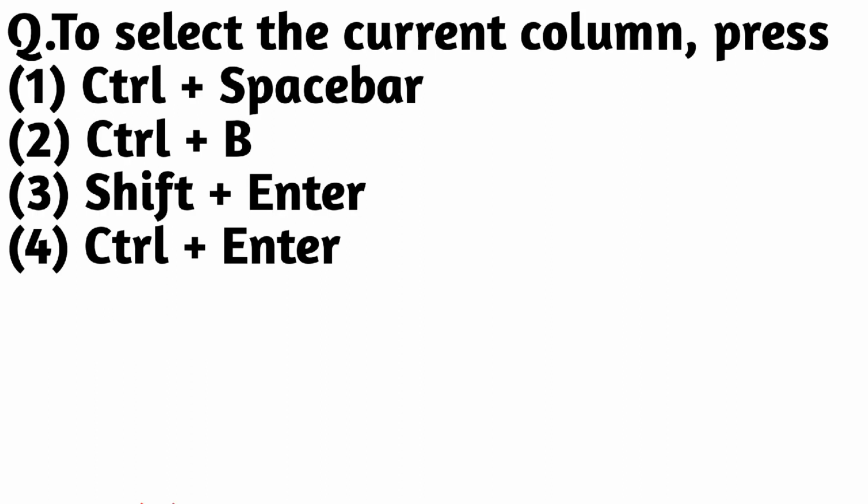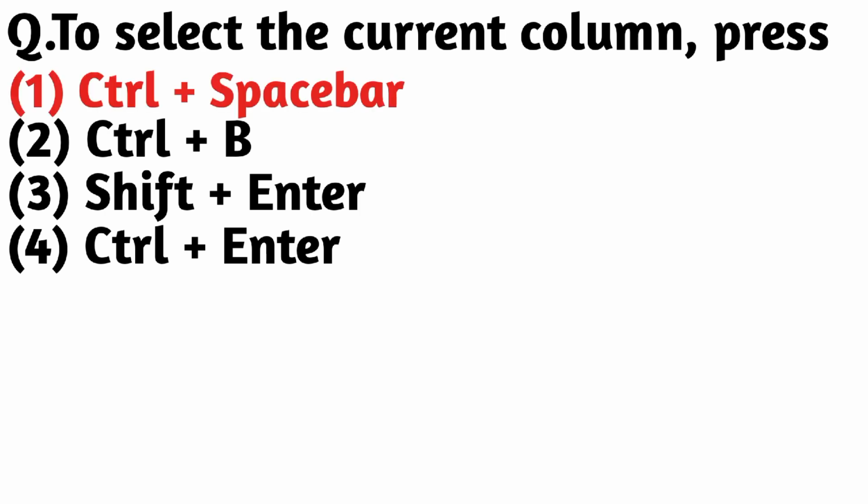Next question. To select the current column, press option 1 Ctrl plus space bar, option 2 Ctrl plus B, option 3 Shift plus enter, and option 4 Ctrl plus enter. The correct answer is option 1 Ctrl plus space bar.